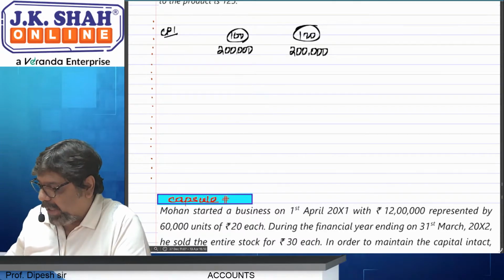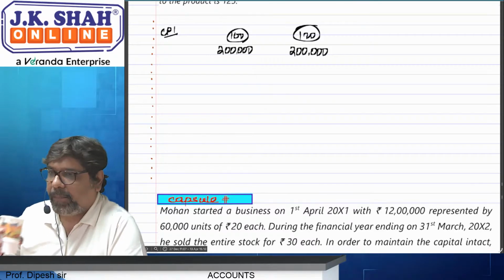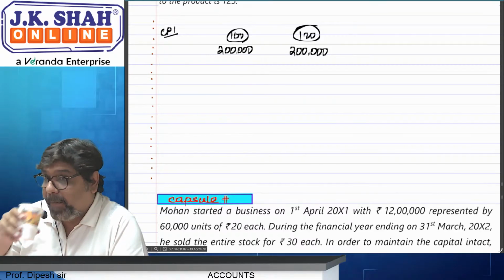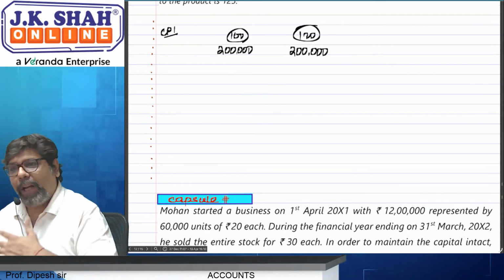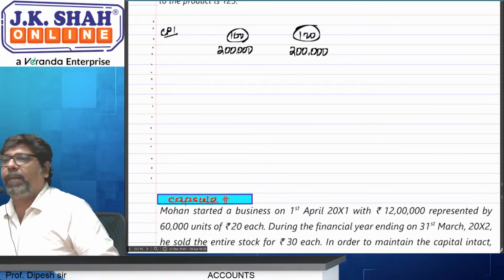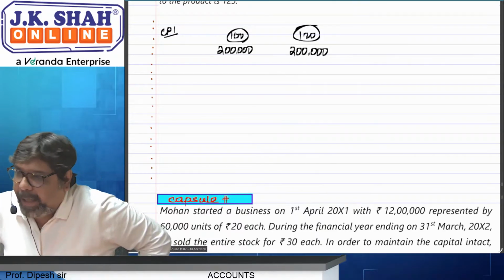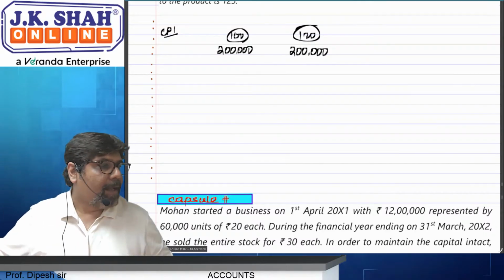That means your capital has gone up, come down, or remained constant? Your capital was 2 lakh at the beginning of the year. Your capital is still 2 lakh at the end of the year. Consumer price index from 100 has gone up to 120. Your capital has gone up, come down, or remained constant?